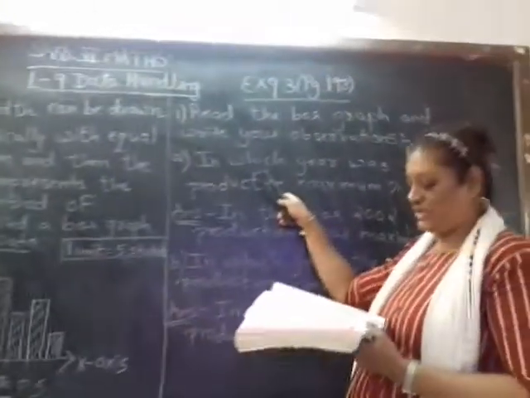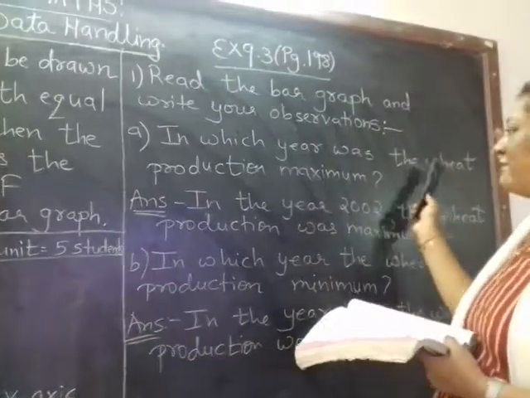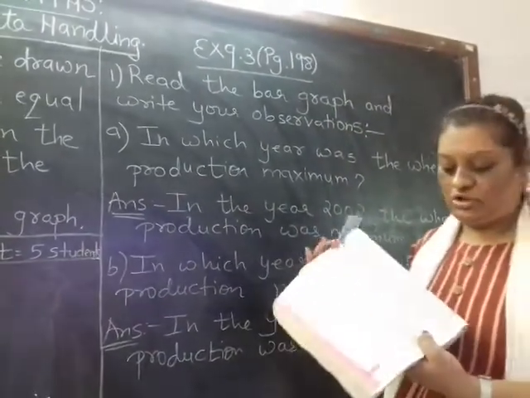Okay, the very first question they have given is, in which year was the wheat production maximum? So how are we going to find it? See, which is the longest bar given here? You check it on horizontal and vertical. In the year 2002, the rectangular bar is at maximum length. So what is the length it touches?